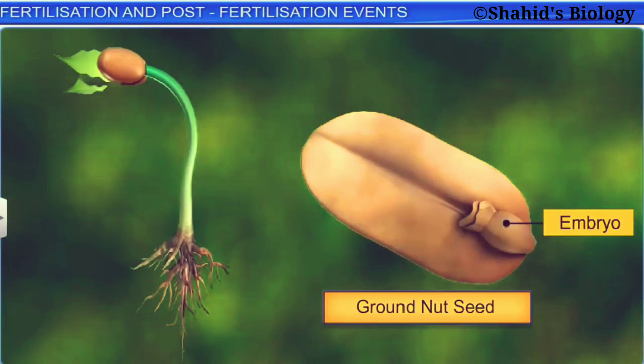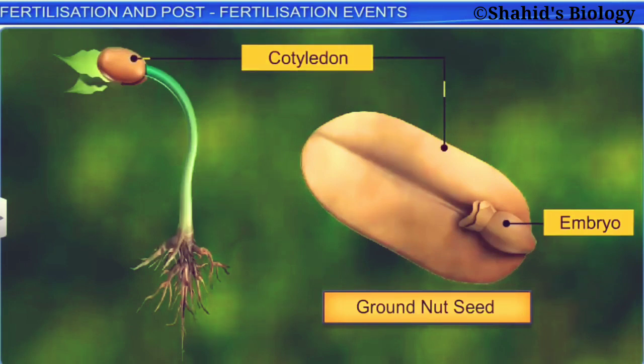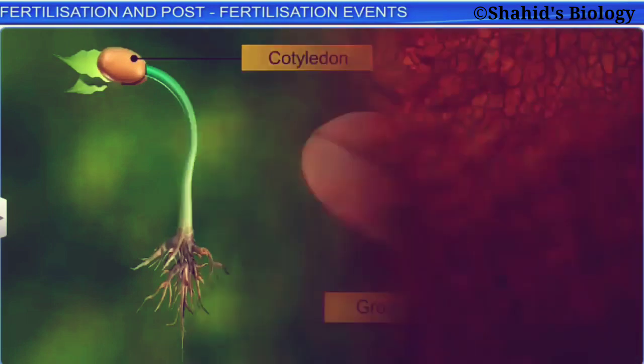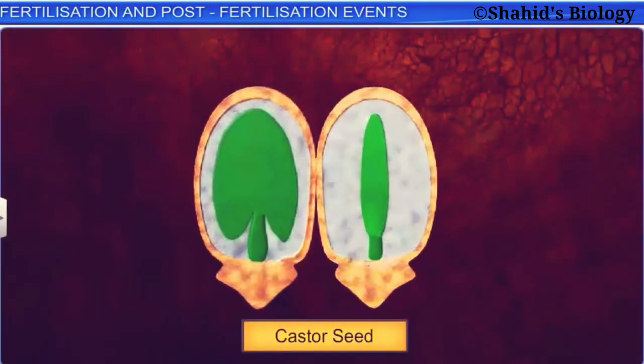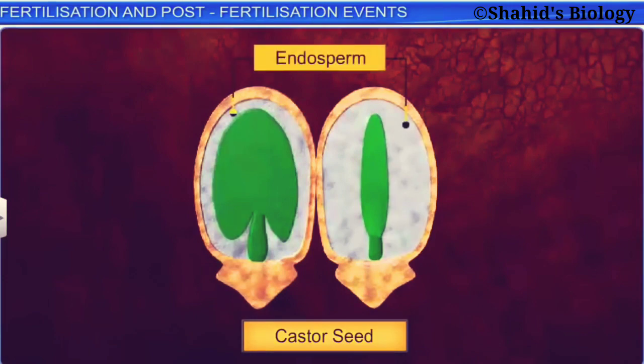When these seeds germinate, the cotyledons or seed leaves become the source of nutrition for the embryo. However, in mature seeds of castor, we see that the endosperm is retained as a storage tissue.